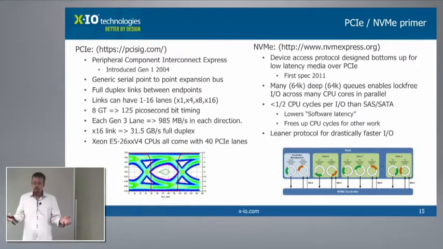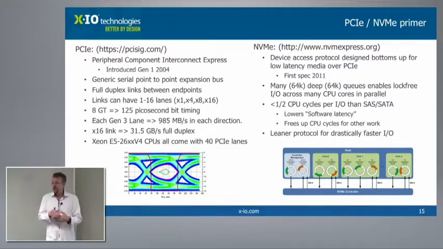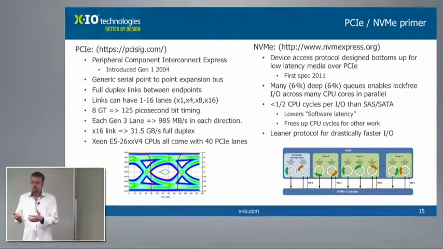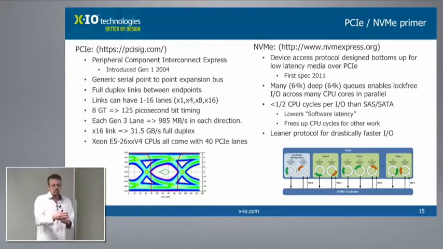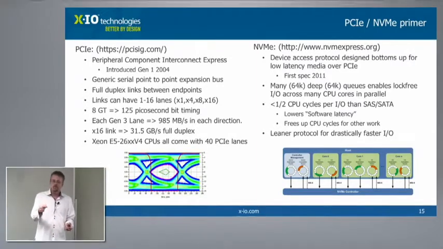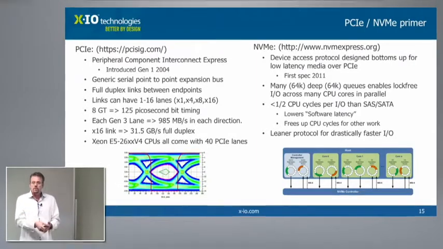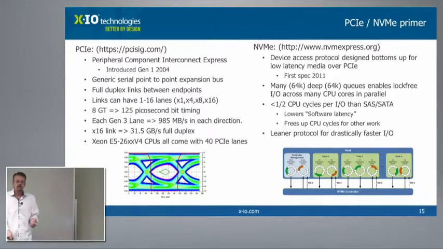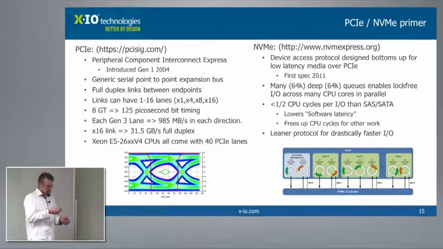So not only is it massively parallel, but every I/O in turn also takes a lot less time inside of the CPU, right? And the software latency that you lower by doing that is also impacting the end target. If you have a SAS device, that SAS controller sitting in that SSD has to do the same protocol handling. So the controller also becomes busy doing a lot more work. So you improve latency tremendously, right?